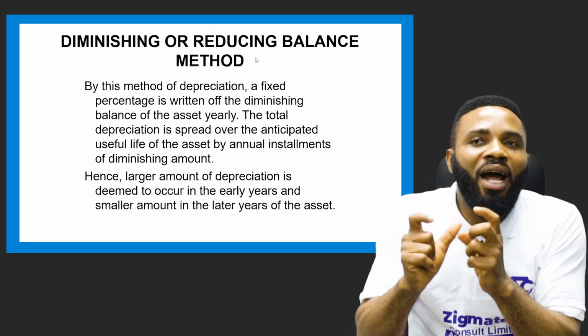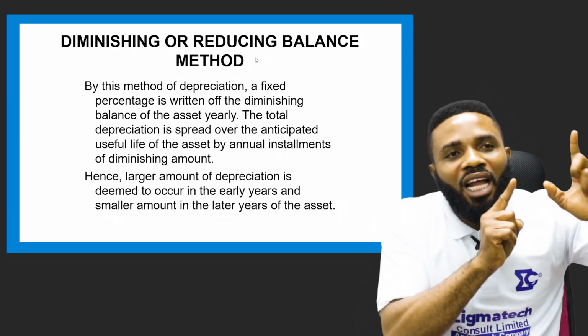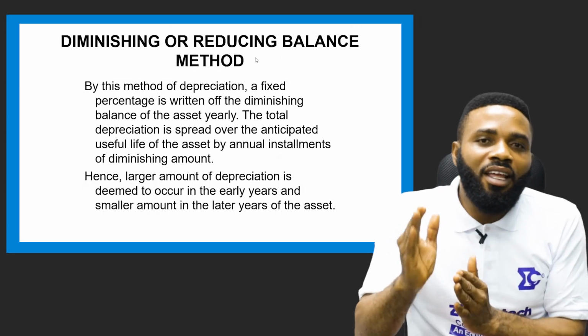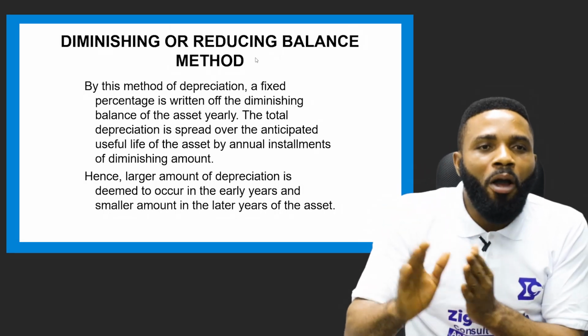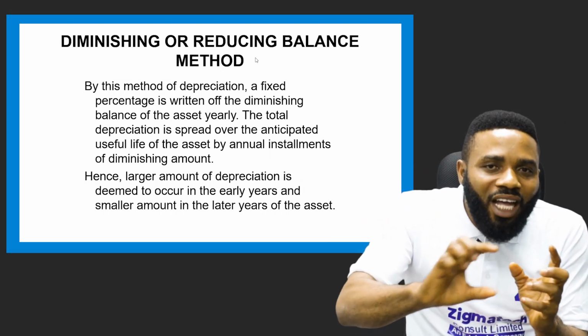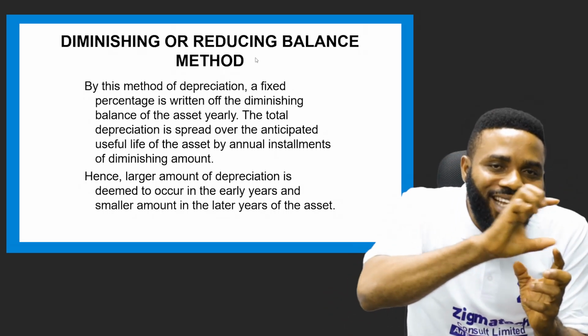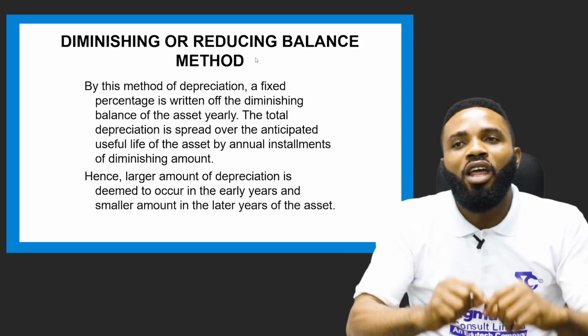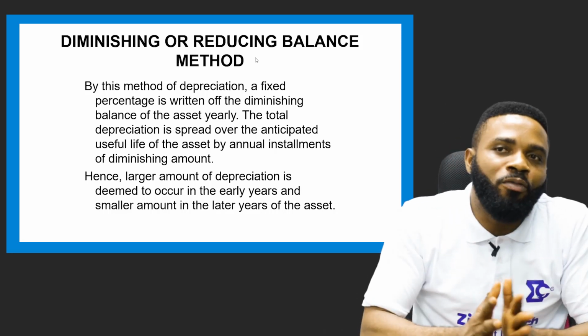But in the diminishing balance method, if it was 20,000 at the beginning, year 2 might be 15,000, year 3 might be 10,000, year 4 might be 5,000. So that's constant reduction. That consistency in the reduction of the depreciation charge is what we call the diminishing balance of the asset.